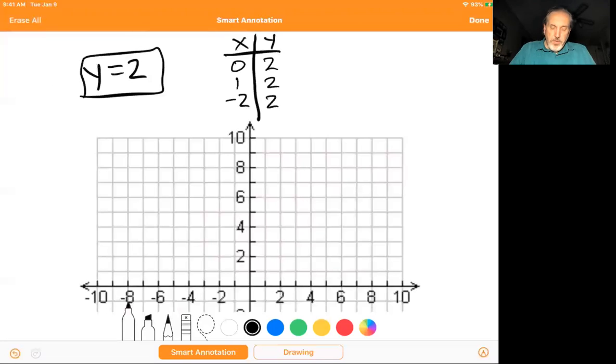And when you graph those, you'll see there's 0, 2, there's 1, 2, there's -2, 2. You can see that we're forming a horizontal line. Okay? So, when you have y equals a number, any number, that is a horizontal line.